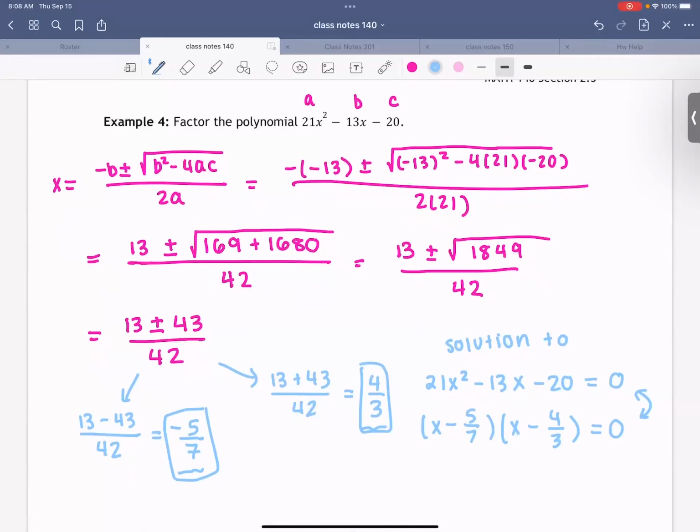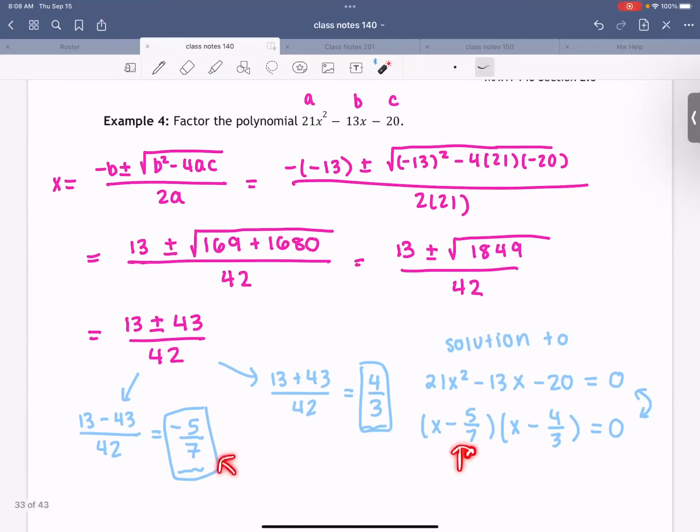Because if I plug in 4/3 into here, that's going to be 0, and then that would make the equation 0 equals 0, which is good, right? And if I plugged in negative 5/7 in here, well, that would make the equation 0 as well. Okay, so these two are equivalent. I'll write that down too. Equivalent.